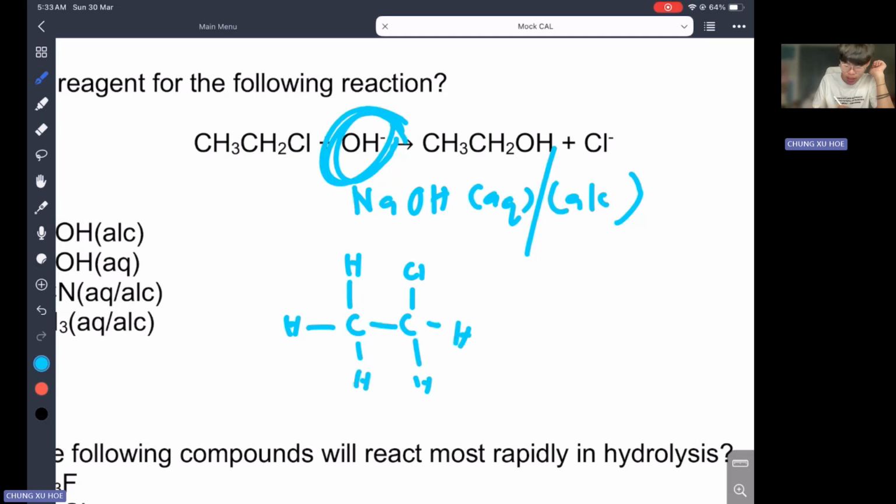H. So when I add NaOH alcohol, right? What happened is the OH won't go here. Instead, the NaOH alcohol will form a double bond by taking away your Cl minus and your H plus.